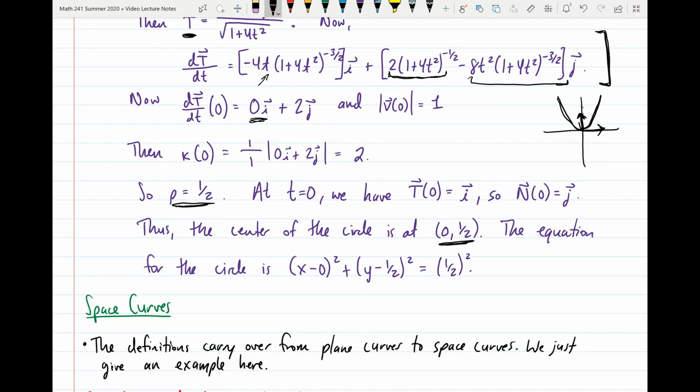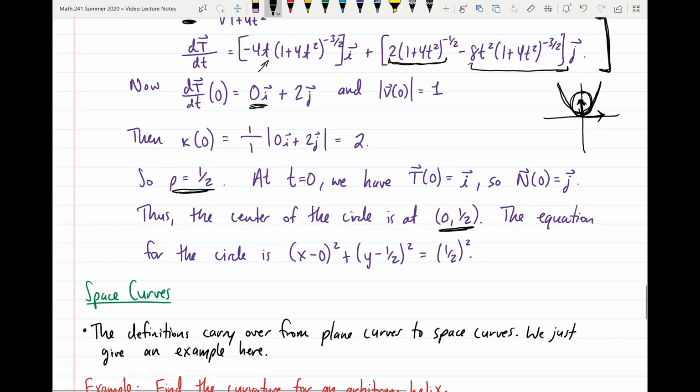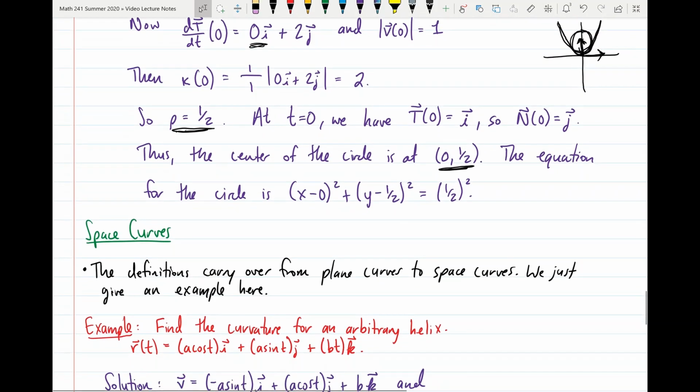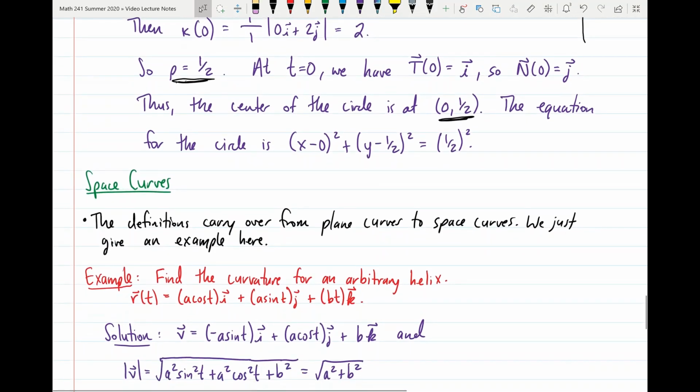So it's going to look something like this, assuming that the normal vector points all the way to the center there. So the equation for the circle is going to be given by (x minus 0) squared plus (y minus 1/2) squared is equal to (1/2) squared. And we've calculated our circle of curvature here.